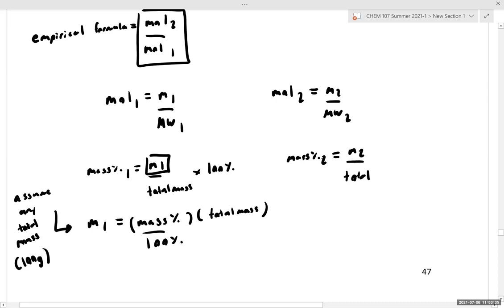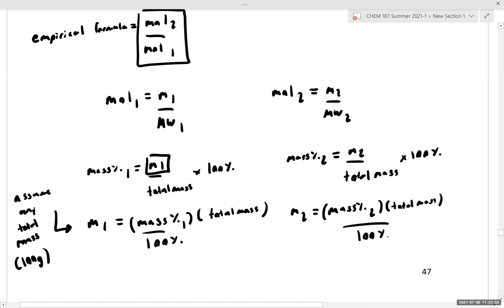So the mass percentage of element 2 is the mass of element 2 over the total mass times 100%. Solving for the mass of element 2, we get the mass of element 2 is equal to the mass percentage of element 2 times the total mass over 100%.